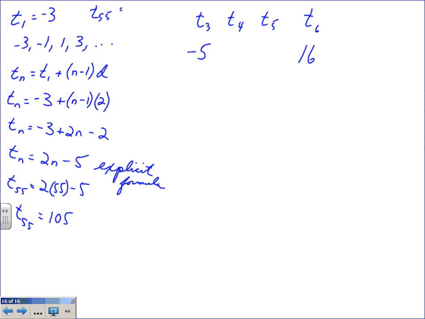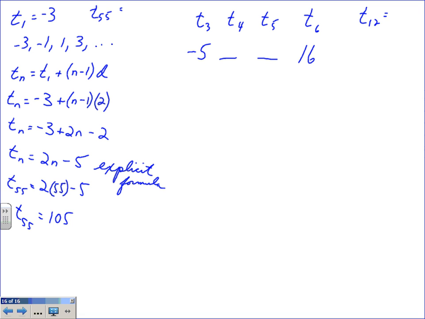Find the 12th term. Okay? Get the problem? Would it be helpful to know those two numbers? Yes. Because then we could find out what our D is, a common difference.